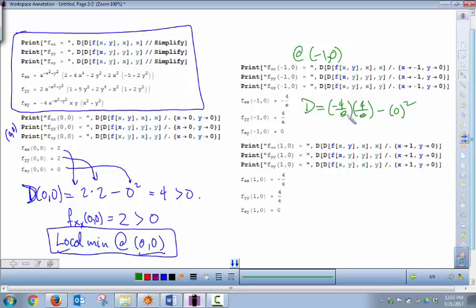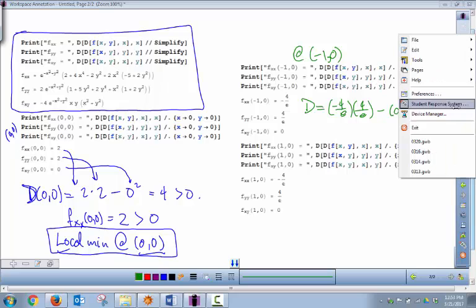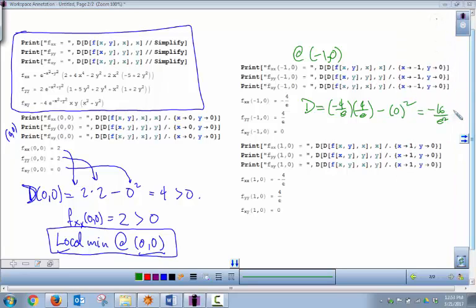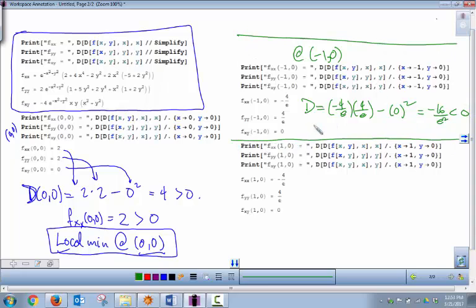And so we get negative 16 over e squared. Again, it's not important what this value is, but what is important is that this is less than 0. It's a negative number. And so at this point, you can already stop and say we have a saddle point.